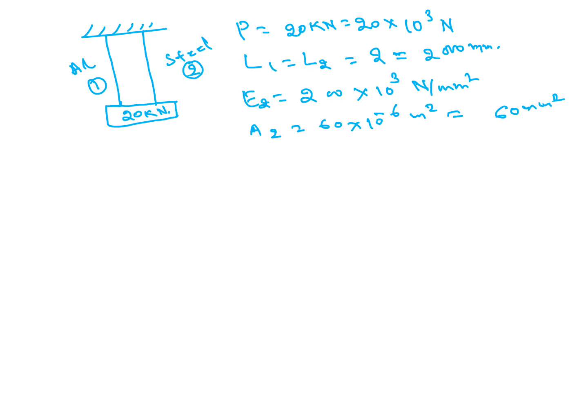E1 equal to 70 GPa for aluminum. So you convert it into Newton per mm square or MPa. A1 equal to 120 into 10 power minus 6 meter square. It is 120 mm square. Conversion of unit is very important.